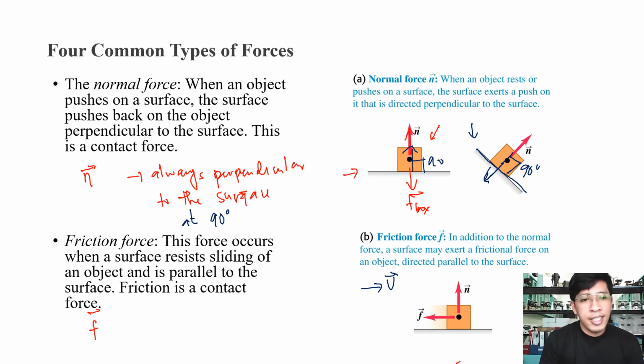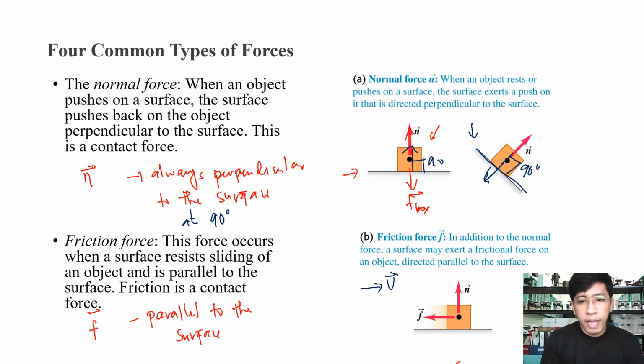And this is always parallel to the surface. If your normal force is perpendicular to the surface, your friction force is parallel to the surface, but it is always opposite in direction to your motion.